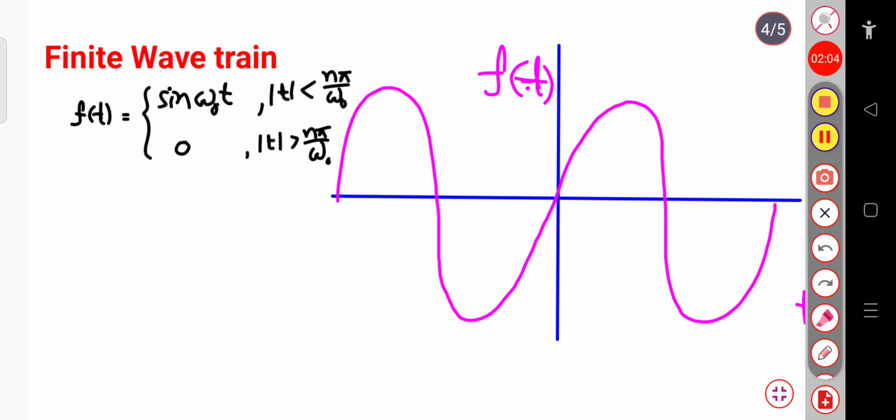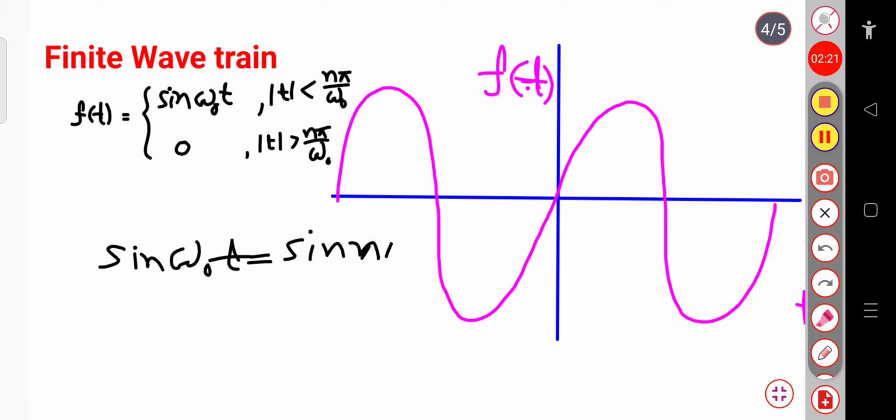This is basically a sine function. Suppose I am considering this sine omega naught t, it has maximum n pi values, or we can write it as sine n pi, suppose.